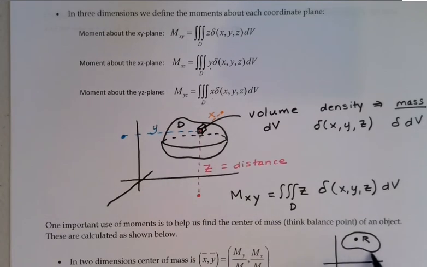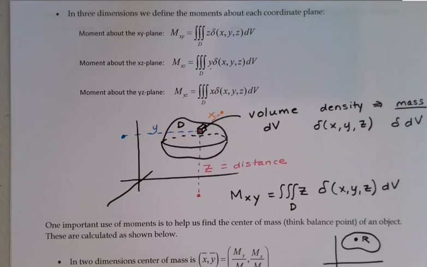If you imagine cutting this out of some material, cardboard or whatever, this is the point that you'd have to just literally put your pencil on, and then you should be able to lift that cardboard in the air and it would balance perfectly. So it's the single point of support, the balance point.